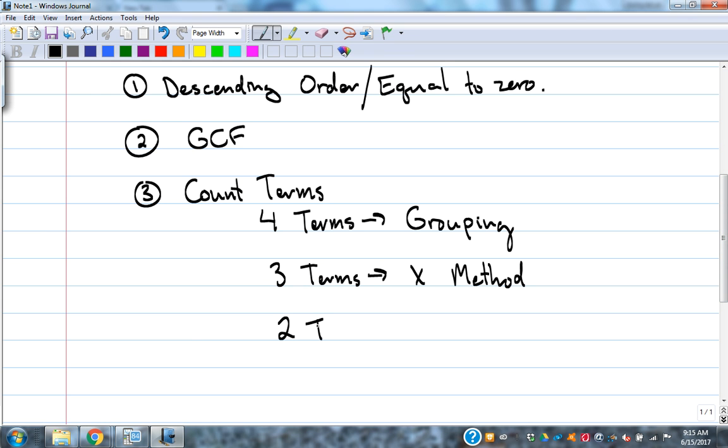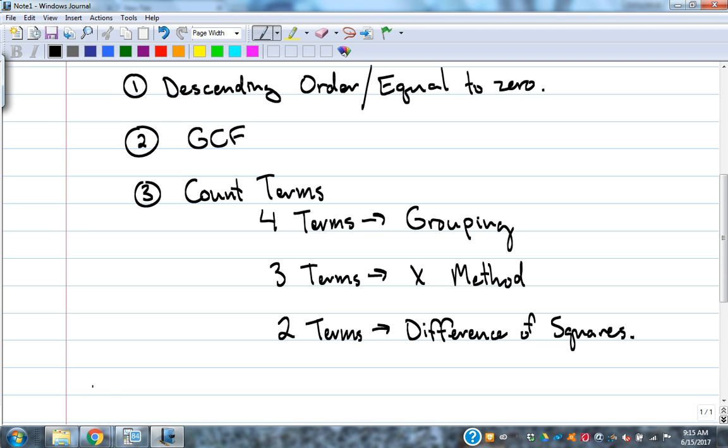If there are 2 terms, since we're dealing with quadratics only, a difference of squares would be the only way we'd end up with that, because sums and differences of cubes are not quadratic, so that's not part of this particular section. But we know that that's going on.